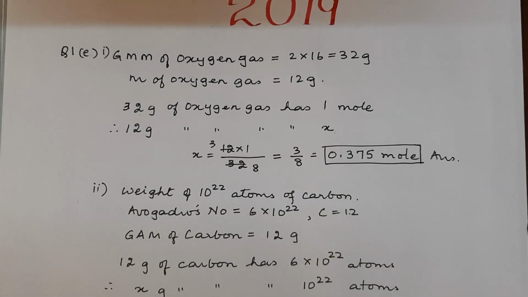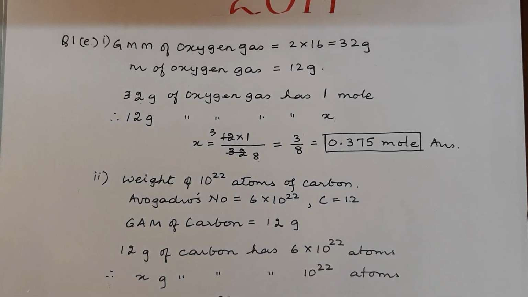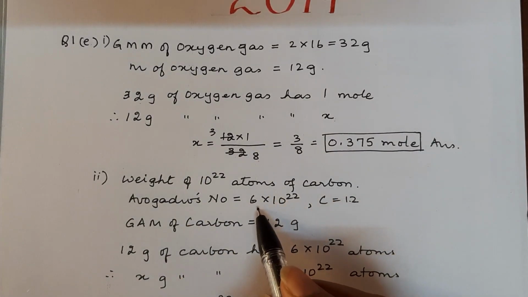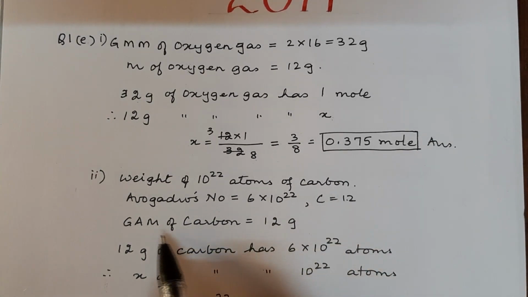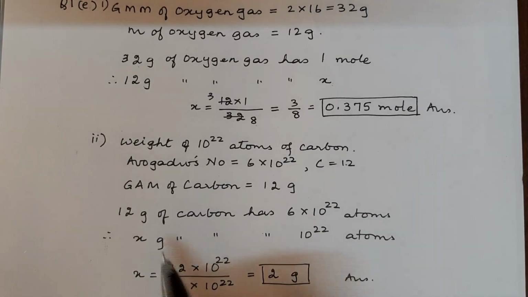For the second one, we have to find the weight of 10 to the power 22 atoms of carbon. Avogadro's number has been given as 6 into 10 to the power 22, and carbon has been given as 12. And so GAM of carbon becomes 12 grams. And so we write our statement.